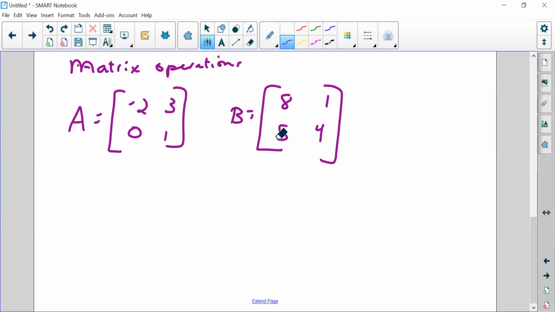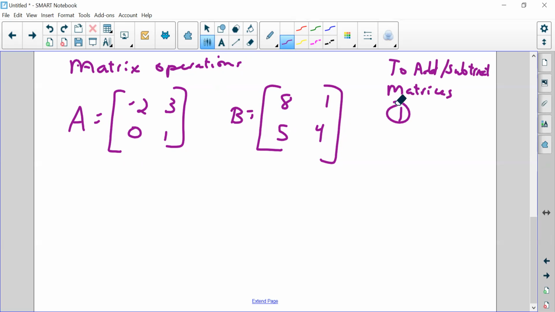Okay. Now, to add or subtract matrices, the first requirement is the dimensions of the matrices you're adding together or subtracting must be the same.